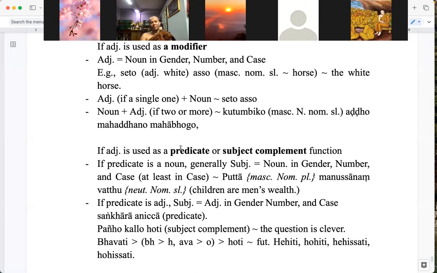Right, acceptable. I have some confusion because I link it with the third one, vanno kaalo hoti. So can we drop hoti, like vanno kaalo only?